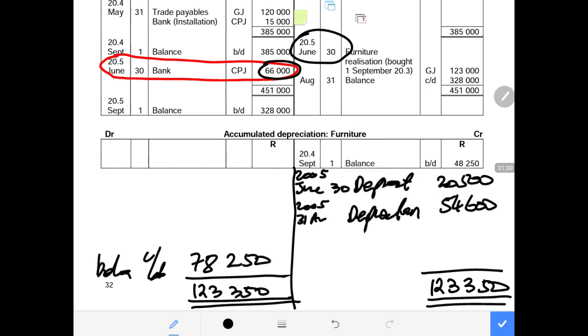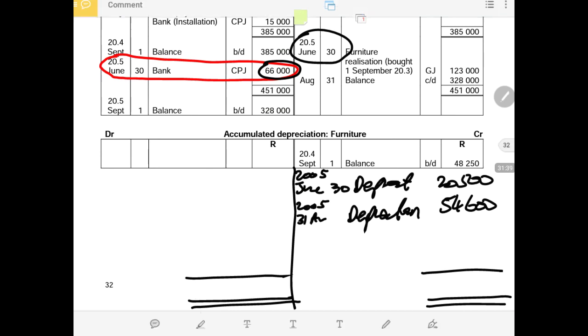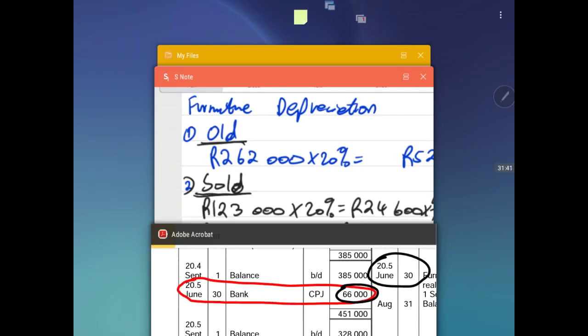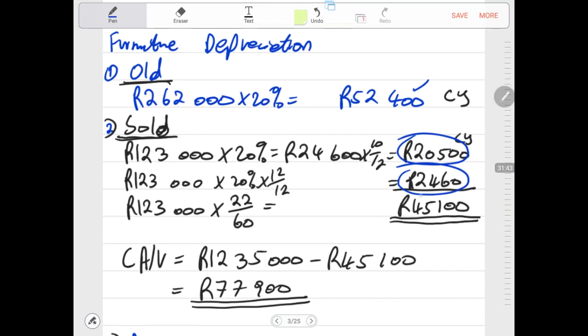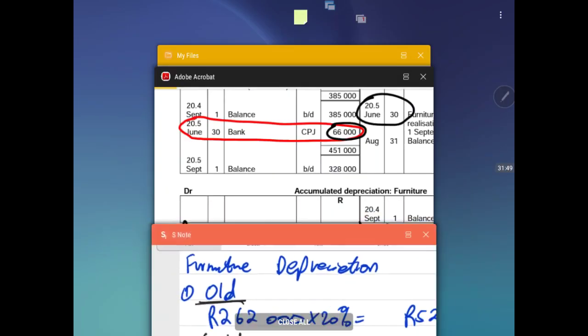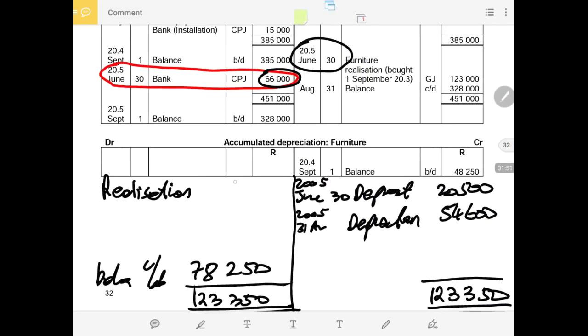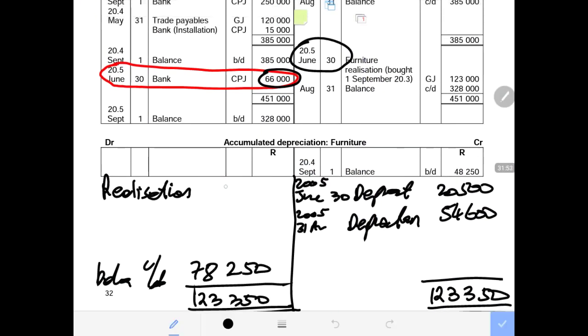Remember, on the debit side, we need to write the total accumulated depreciation for the sold furniture, from the date it was bought up until the date it was sold, which is 45,100 rands. So that is where the 45,100 that I deducted comes from.